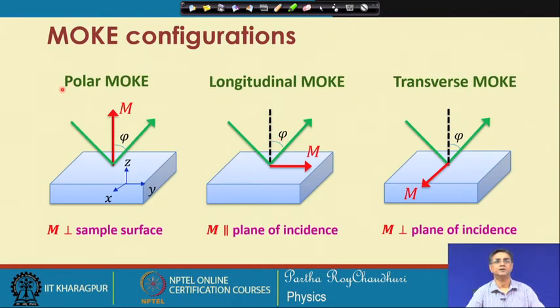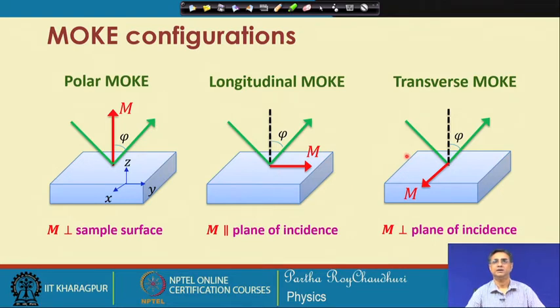Let us suppose we call these the x, y and z axes. So, if the magnetic field exists along the z axis, and the incident light is incident on this surface at this point and getting reflected, this configuration is the polar configuration, whereas if the magnetic field is along the y direction, and the light beam is incident and reflected, this configuration is called the longitudinal configuration. It is along the plane of incidence of the light beam.